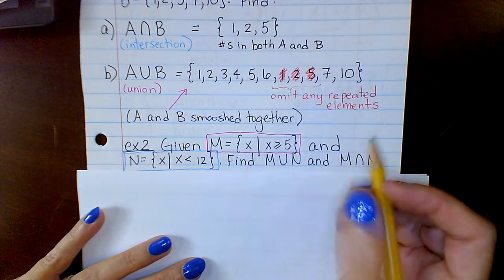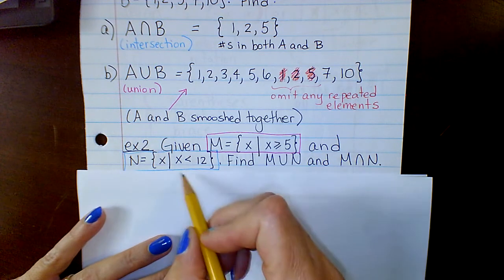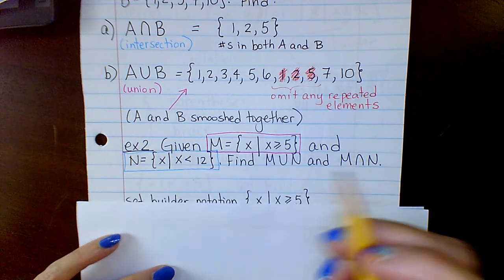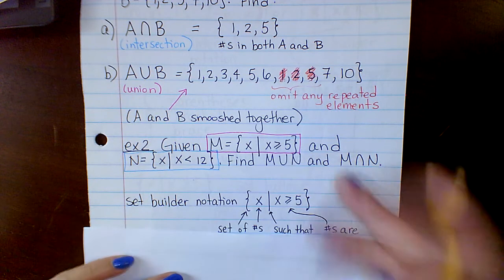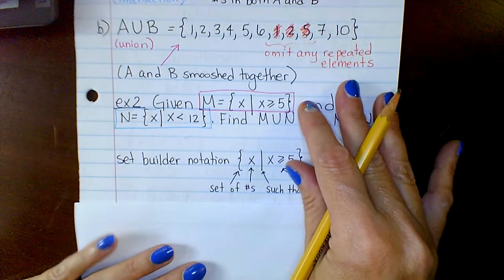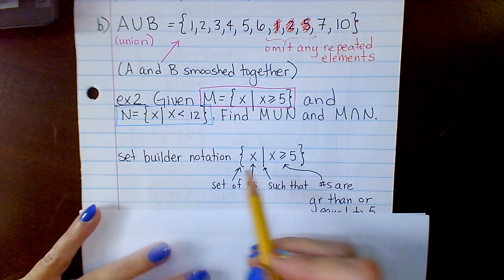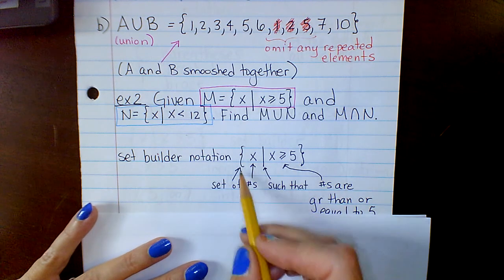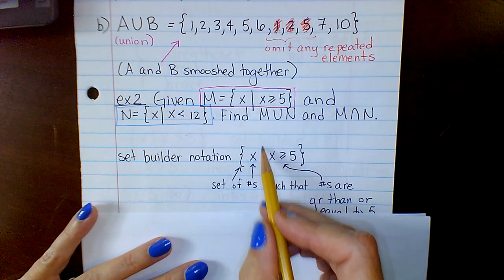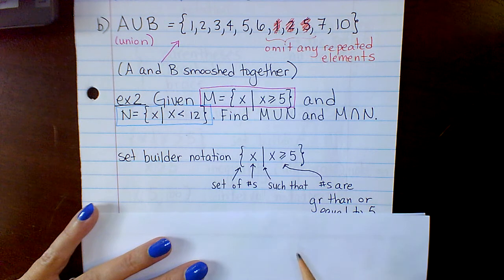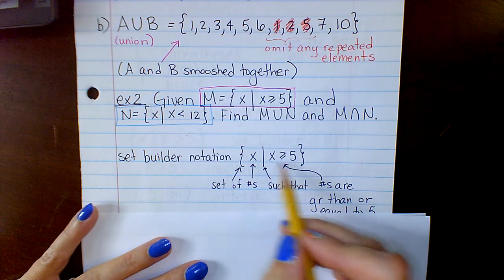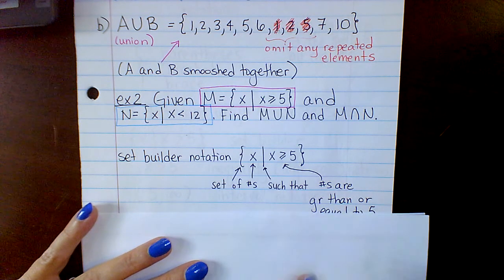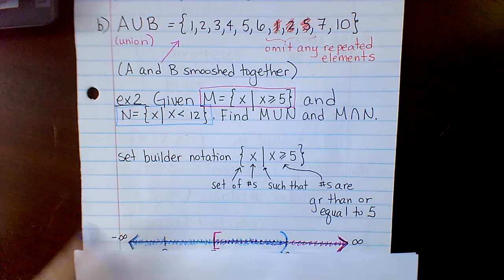That's all the integers here, bigger than or equal to 5. This is everything less than 12. So this is what's called set builder notation. And here's how we're going to read it. It is read the set of numbers, and that little line right there represents such that this happens, those numbers that are greater than or equal to 5.